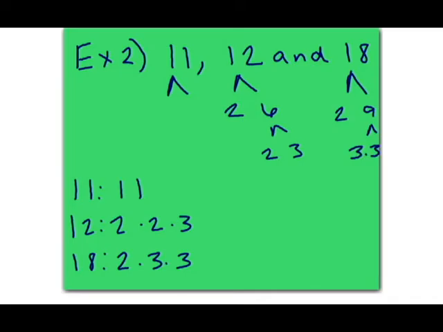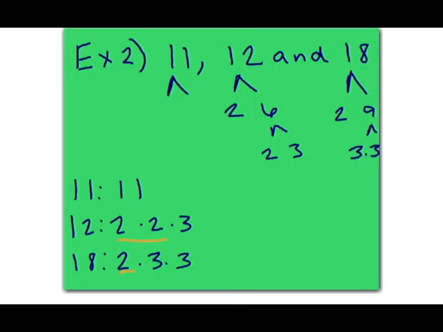Let's move on to step 2, which is you find the numbers that match. There are 3 numbers in this example. It is okay to use only 2 in the matching numbers. For example, 12 and 18. They both have 2's. And which one has the most 2's?